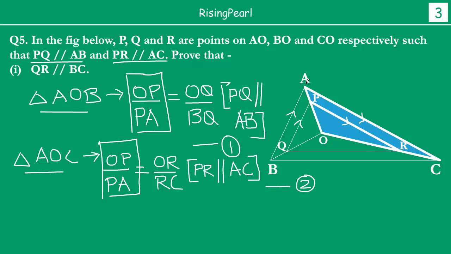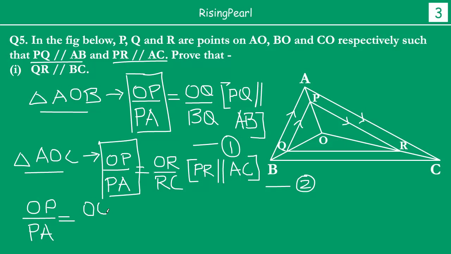Now let's do one thing. Let's get back to our original triangle. What we have from equation 1 and equation 2 is that OP and PA, this ratio, is common in both the conditions. So we can write OP by PA equal to OQ by BQ.